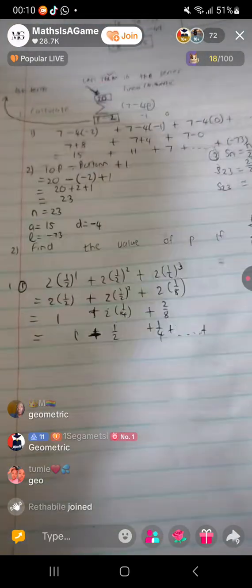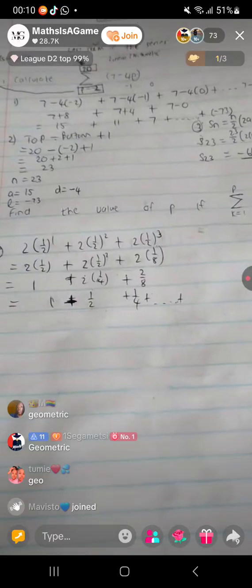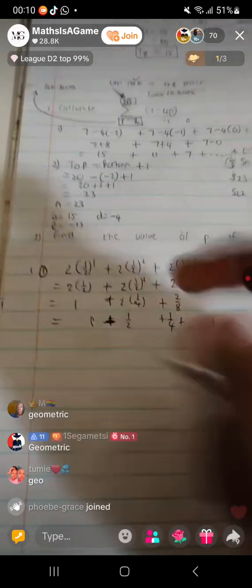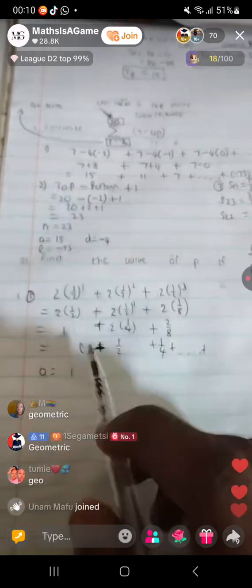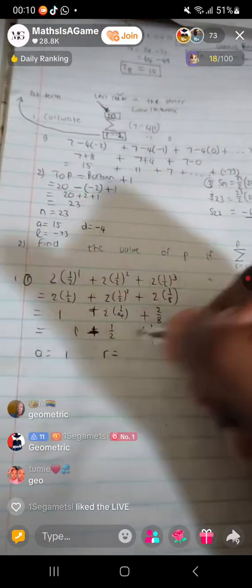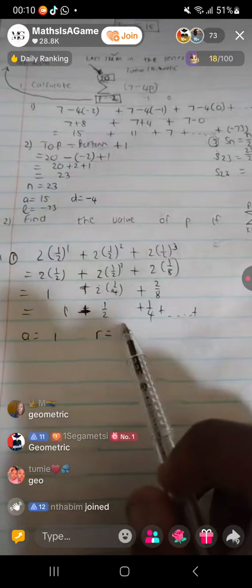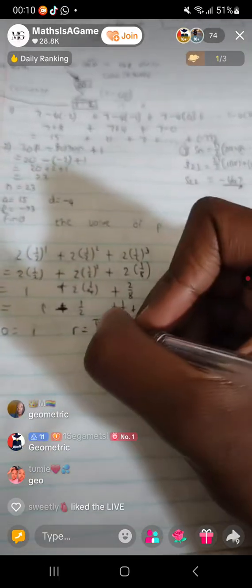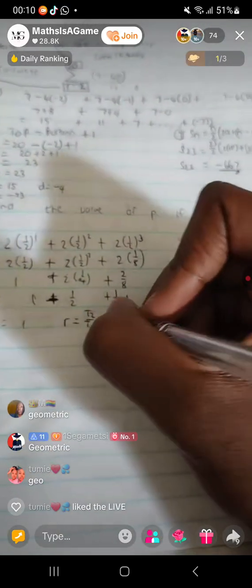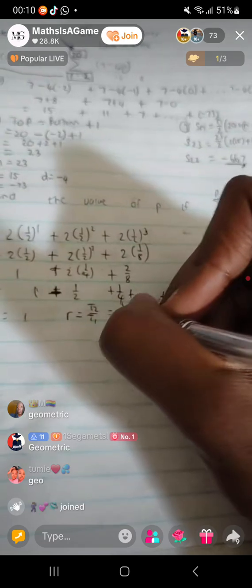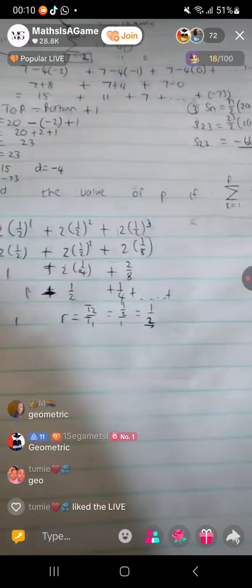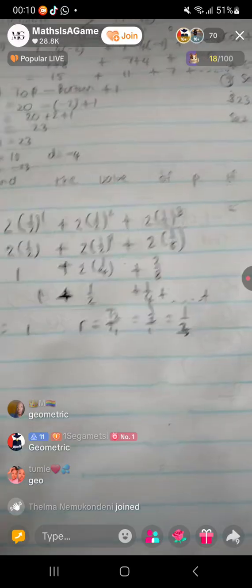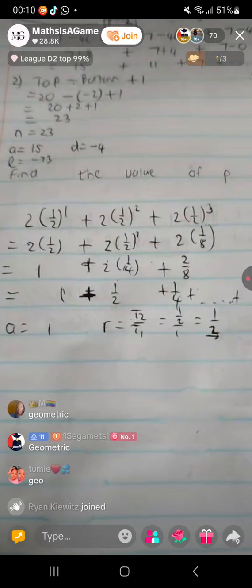Step number 1, find the terms of the series. Then from there, a is equal to 1. Since it's a geometric series, we can get r. Remember, r is t2 divided by t1. So in this case, we have half divided by 1, which is a half. Same thing, a quarter divided by a half would be half.